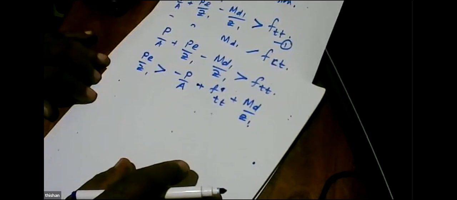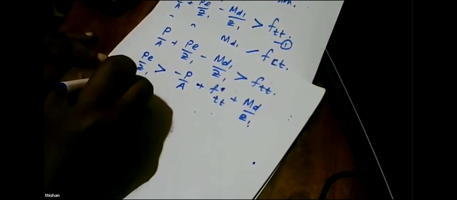Right? So I can write that equation, and then I multiply this whole equation by Z1 and divide it by P. Then I can say E should be.